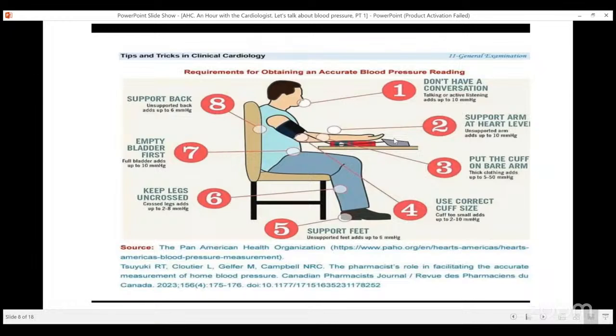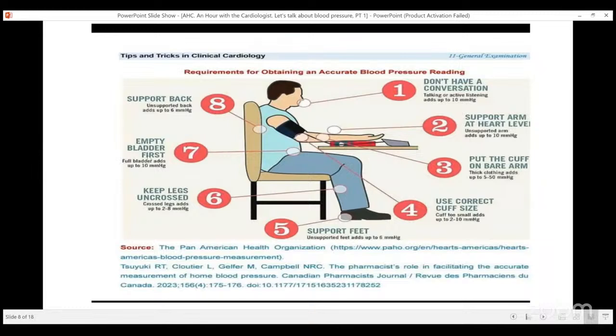It will be wrong if you put it above, because of the effect of gravity, it will affect your reading, and if you put it below, it will also affect the reading. Keep legs uncrossed. If you cross your legs, it has a way of impacting your blood pressure.